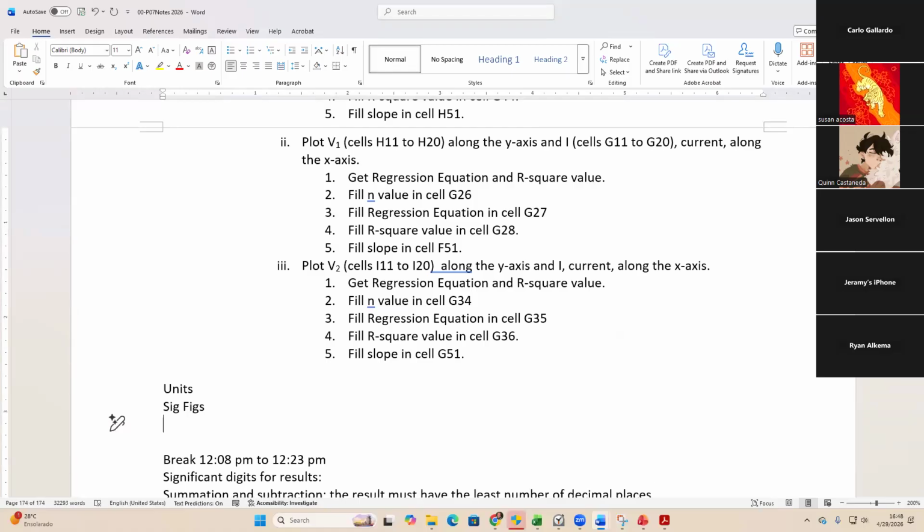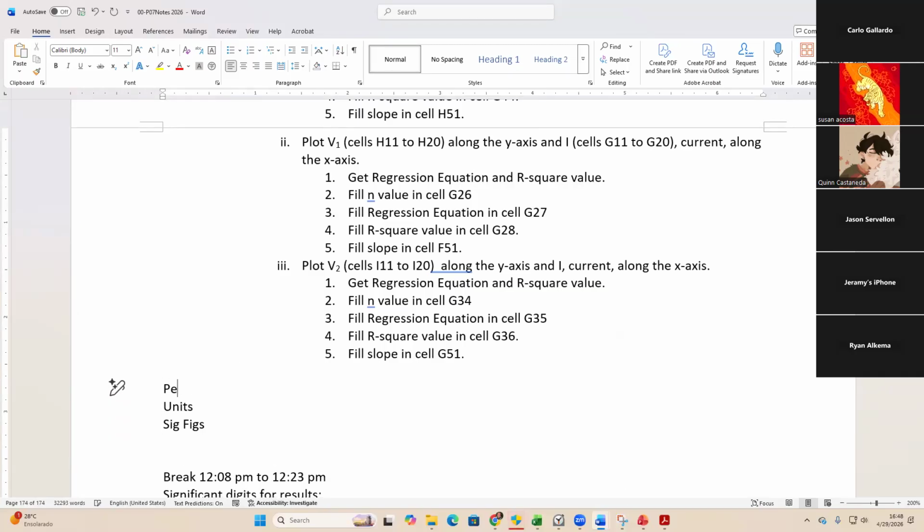What else? Here you go, percentage difference, right? Three graphs.